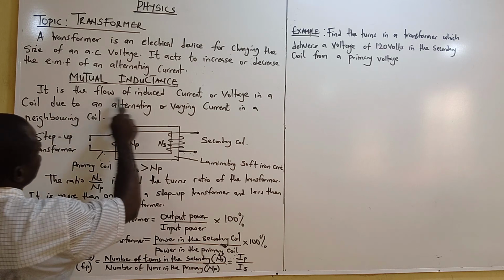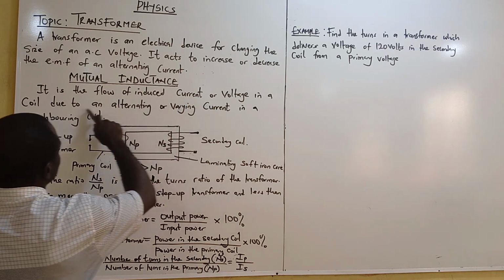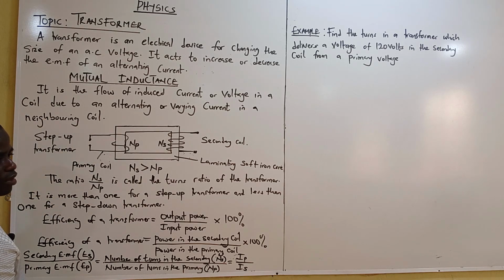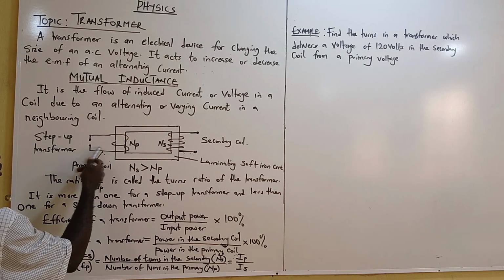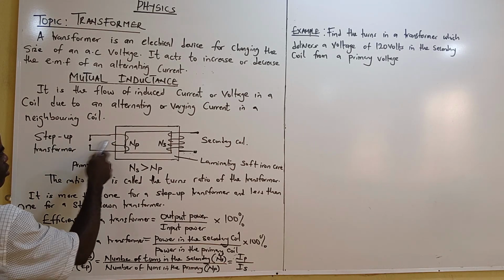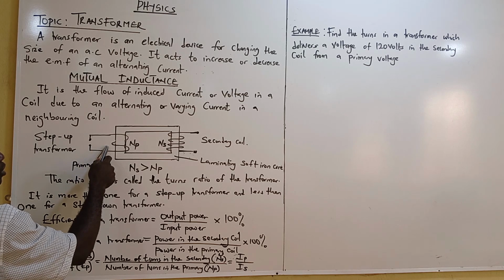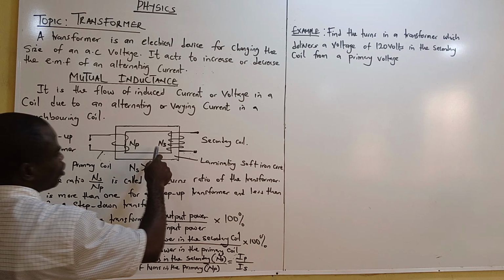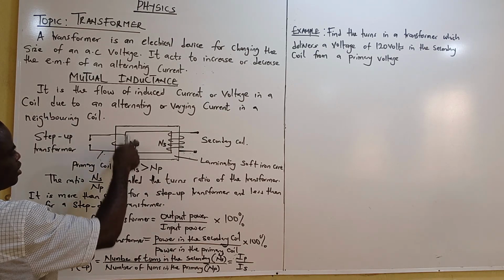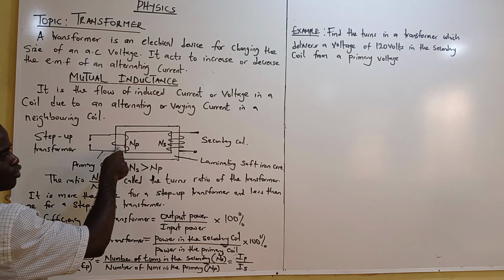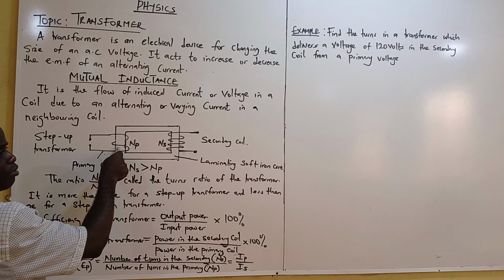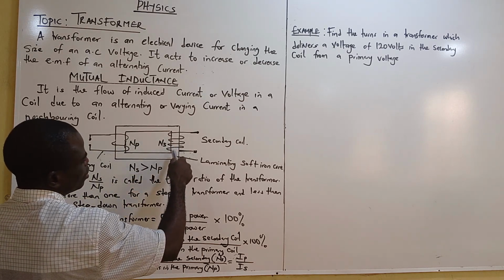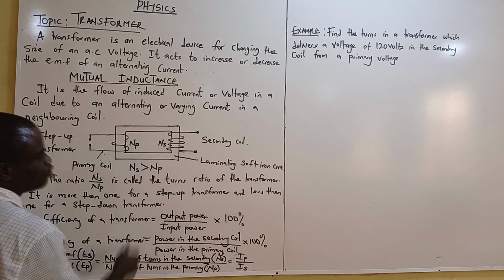Okay, mutual inductance. It is the flow of induced current or voltage in a coil due to an alternating or varying current in the neighboring coil. When current is being supplied to the primary, because of the magnetic flux created in the soft iron core of the primary coil, it will be transferred to the secondary coil through mutual inductance.